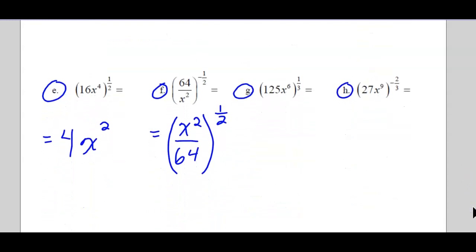Now I raise everything in there to the 1/2. So x squared to the 1/2 is just x. 64 to the 1/2 is like the square root of 64.